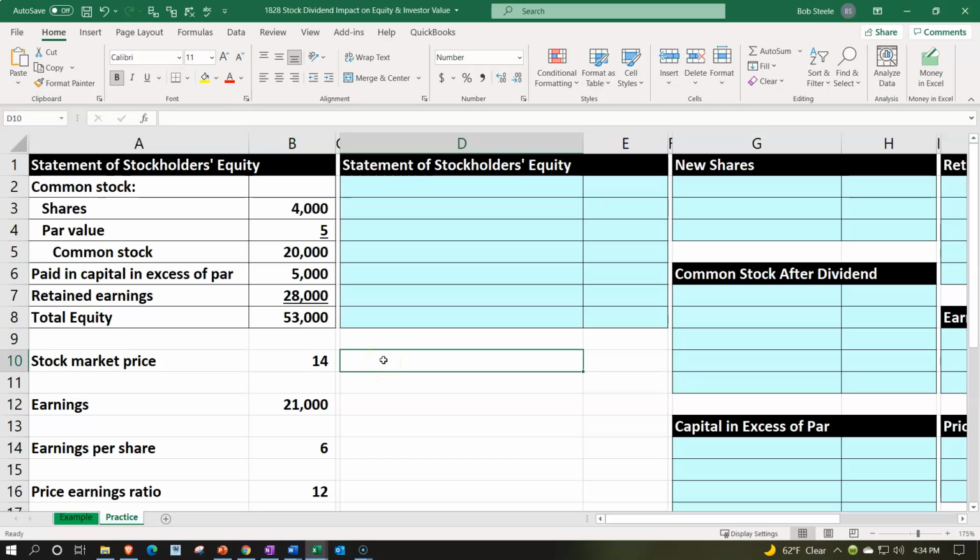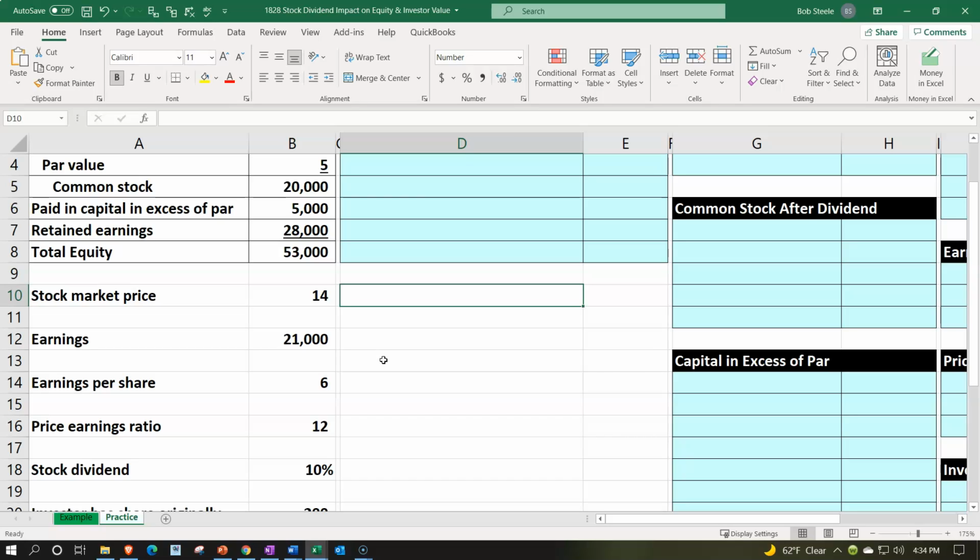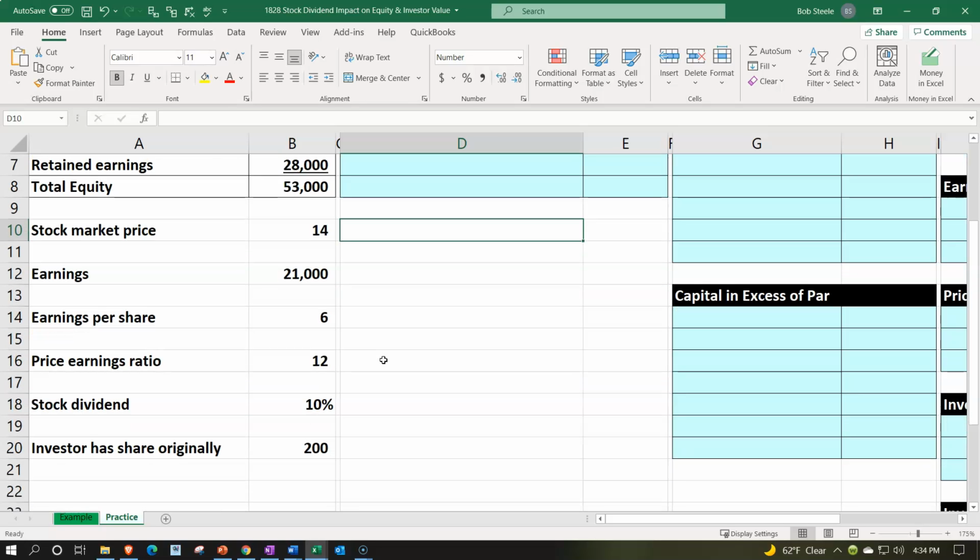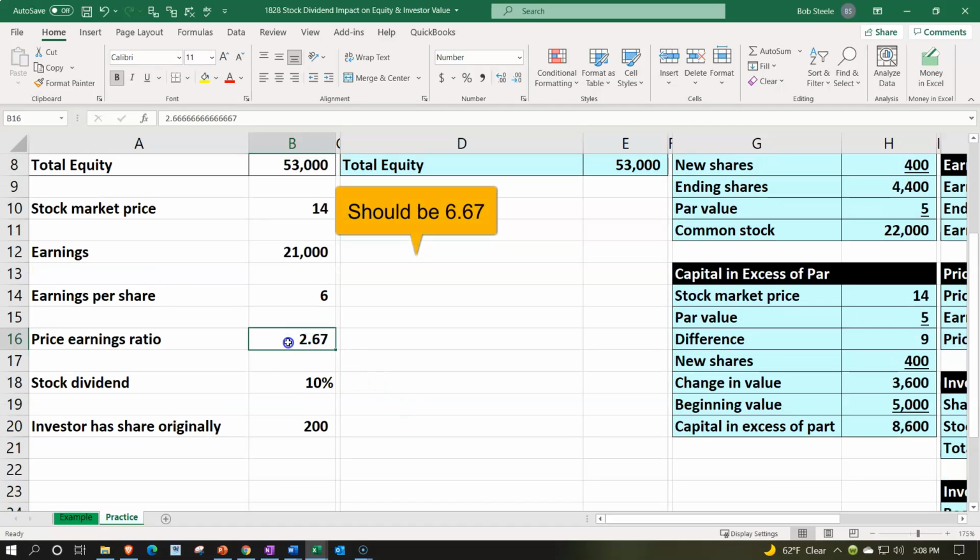We then have the stock market price. We're saying it's $14. The earnings are at $21,000, basically net income, the bottom line of the income statement. The earnings per share is at 6, the price earnings ratio at 12. Note that the price earnings ratio should be about 2.67, so you're going to see that at the end of the presentation.